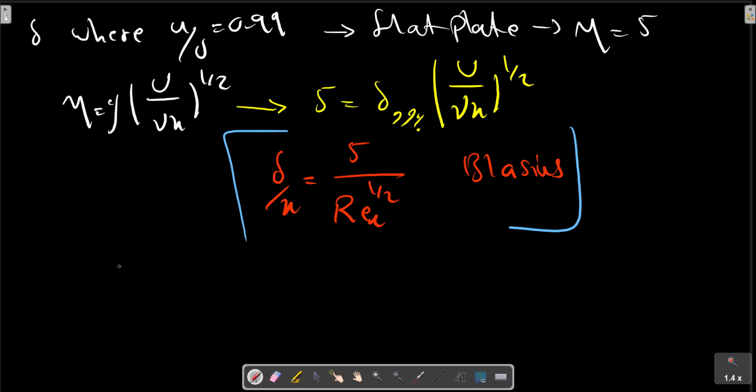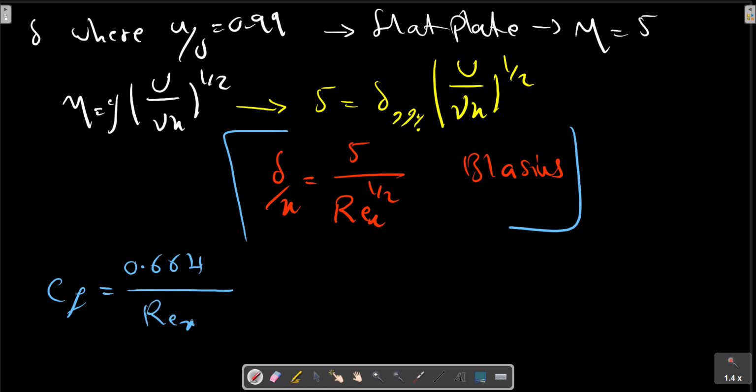With the profile now, Blasius could also compute the wall shear and the displacement thickness. The wall shear coefficient can be calculated from the Blasius relation.